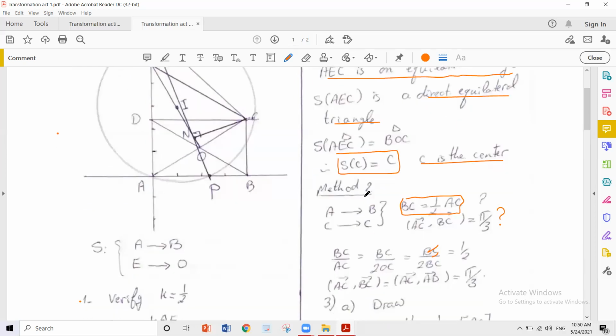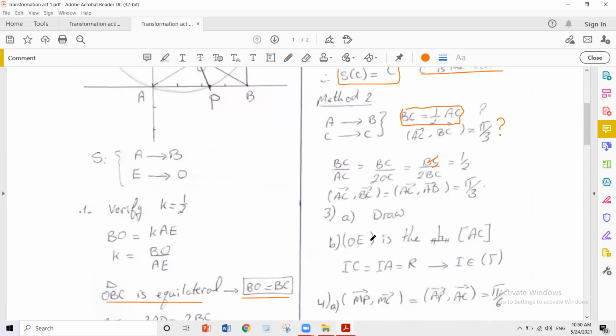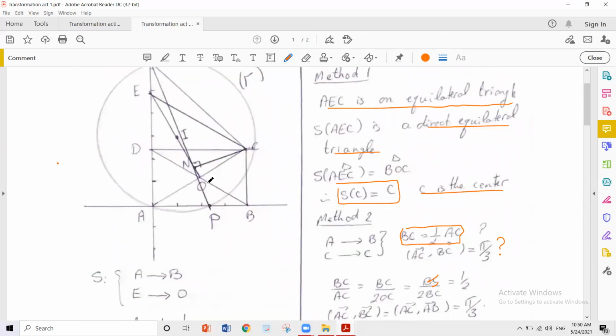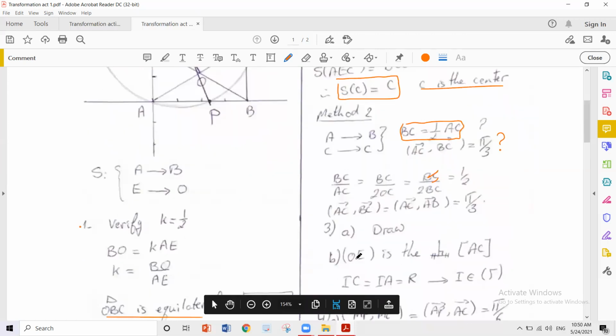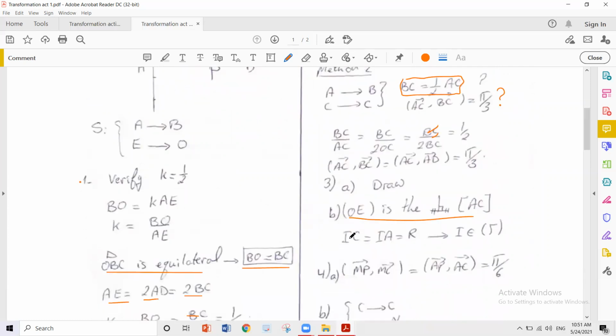So OE is the perpendicular bisector of AC. Then IC equals IA, property of the perpendicular bisector. Then I belongs to the circle.